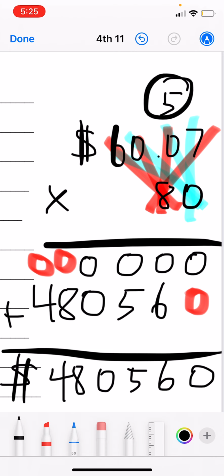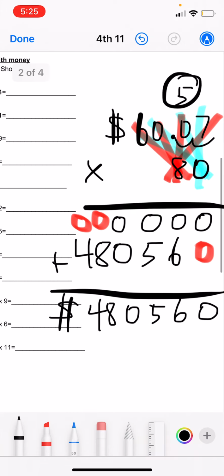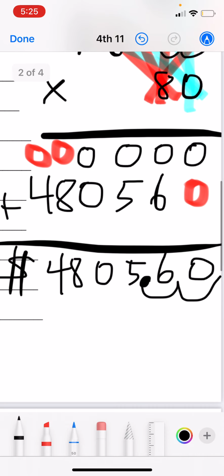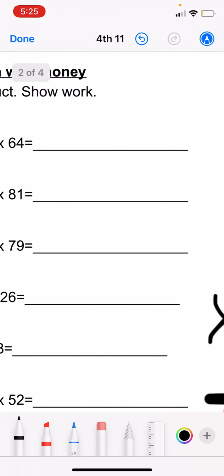And right here, if you see, the decimal place is right here. So we're going to put 1, 2. And right here as well, we're going to go 1, 2, and add the decimal. So your final answer is $4,805.60.